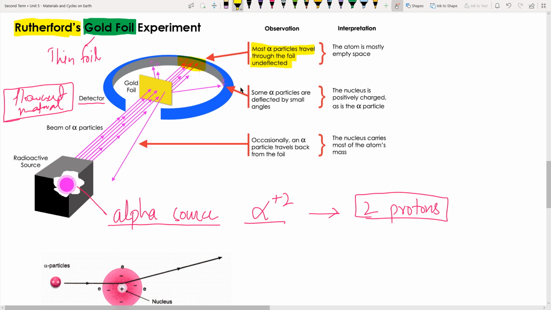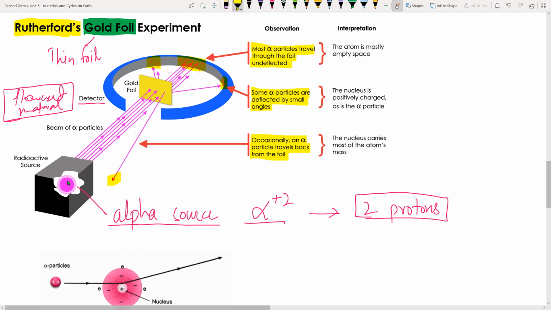Some of those particles were able to deflect at certain angles, right, on the sides, which represented that they were deflected by something. They hit something, or they were repelled by something. And few of those came back, right, at a very sharp angle. Occasionally, an alpha particle travels back from the foil, right? This was deflection backward.